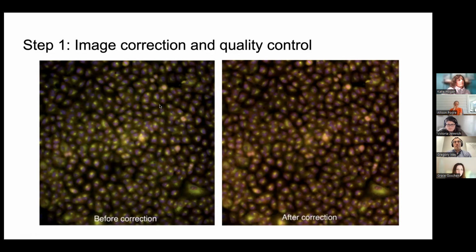So that's all we're doing here. We're just adjusting for the uneven illumination. It does more than just adjusting for the vignetting, and I have some slides to talk through that. But essentially, when we're analyzing these images, we don't want any cell that's in the corner of the field of view to be artificially different from a cell that's in the middle. So we need to adjust for these sorts of technical artifacts, or else there's not really any hope for us.